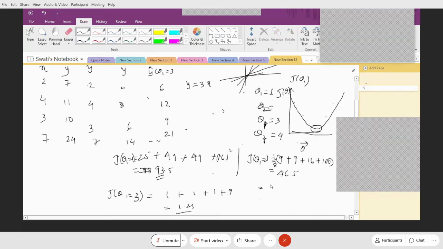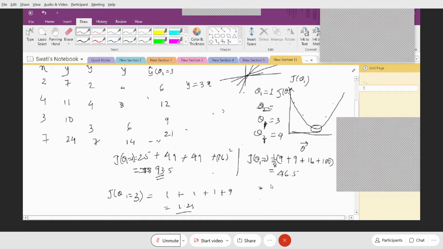Given this point, I would never have been able to estimate what this relation should be. Now, when I have worked it out, I realize that at theta 1 equal to 3, I get the minimum error, right? And therefore, the optimal value of theta 1 should be 3. Not 1, not 2, not 4, but rather 3.